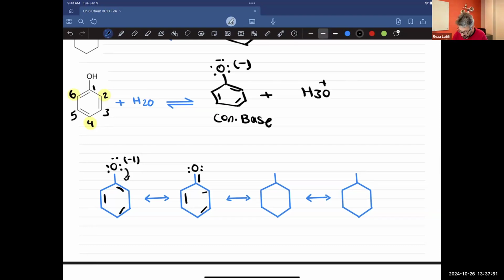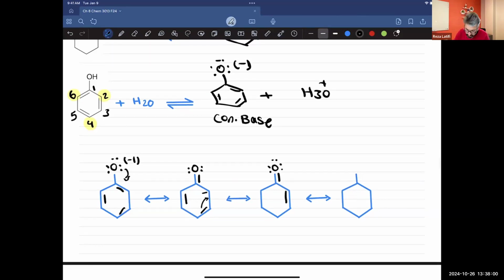That's one. Another possibility is to move this double bond there. Now I get a negative charge here, and another double bond there.